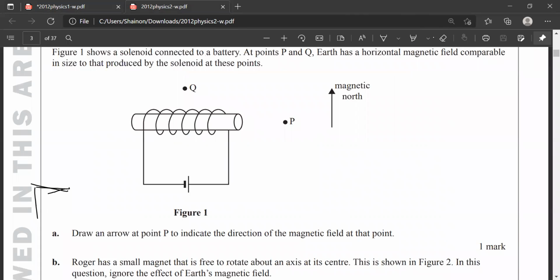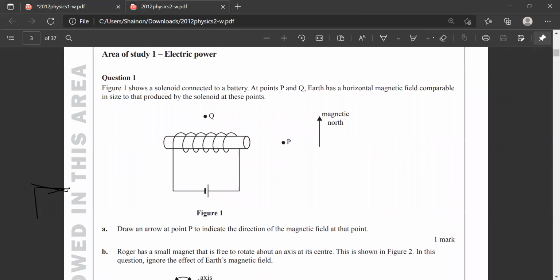Second exam is this one. Draw an arrow from point B indicating the direction of the magnetic field. Oh, magnetic field. So positive, negative, this is going this way, going down. So if you put this downwards, applying the right hand grip rule, current is down, so it's going to go outwards to the right.